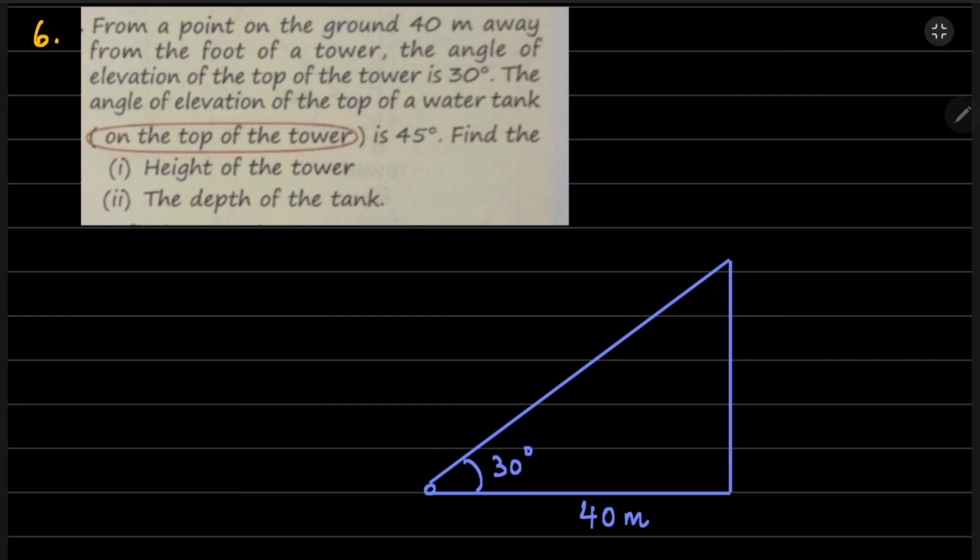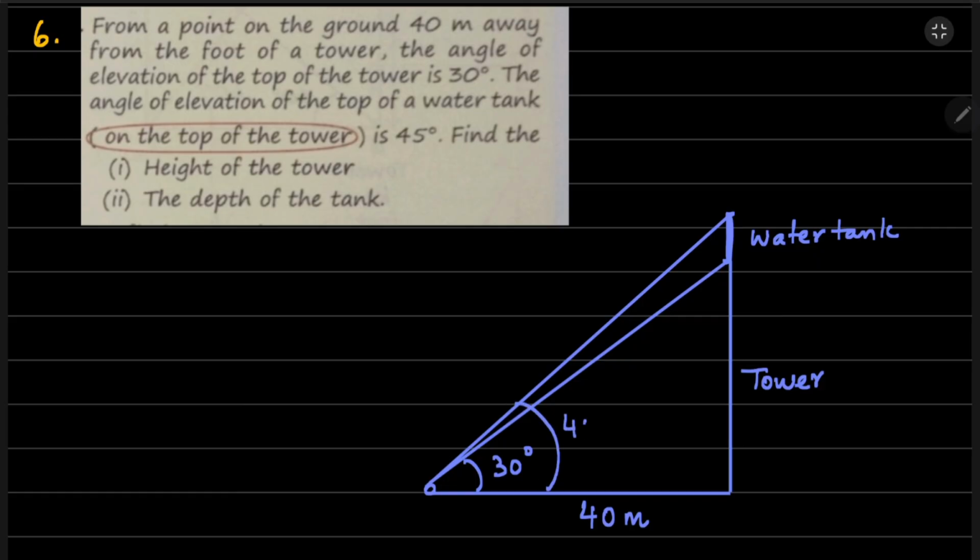You have a water tank here, on the top of the tower. The angle of elevation of the top of a water tank which is on the top of the tower is 45 degrees. So now let's draw the angle of elevation to the top of the water tank. This bigger angle is 45 degrees.